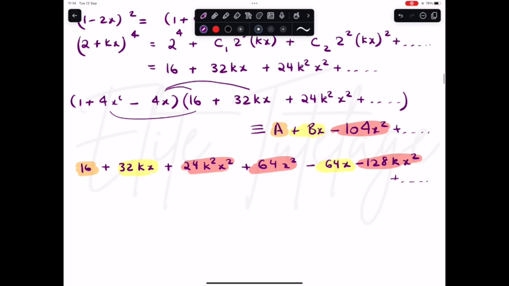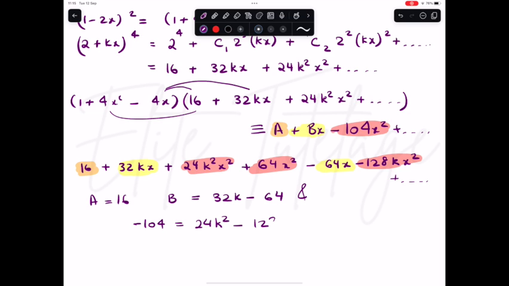Now a is 16, and with b, if I compare my coefficients of x, that's just equal to 32k minus 64. And I've got my x squared coefficients, which is 104 equals 24k squared minus 128k plus 64.